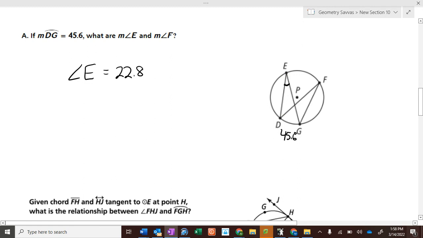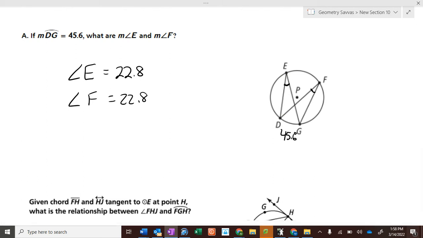Angle E is 22.8. What about angle F? Why are they the same? Because they're both inscribed angles of the same arc. So two inscribed angles of the same arc are going to be congruent angles.